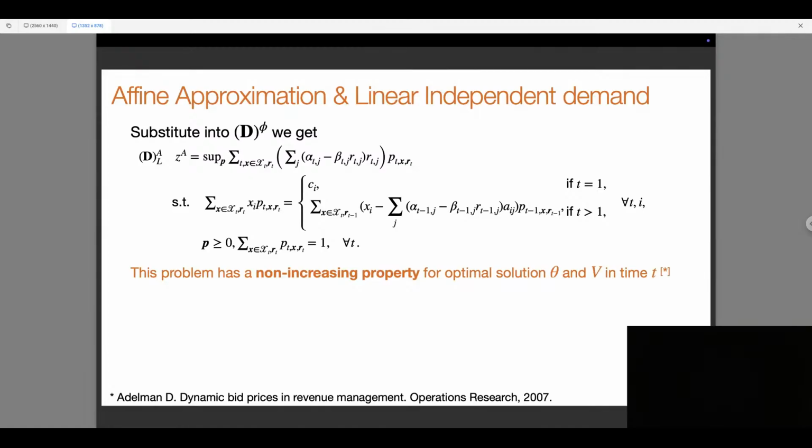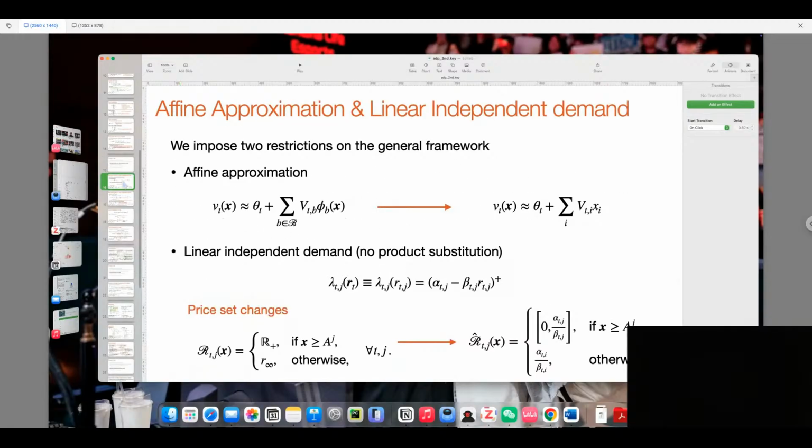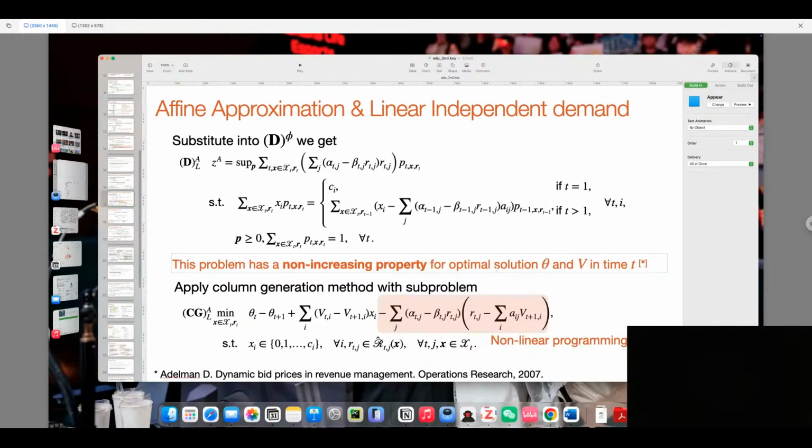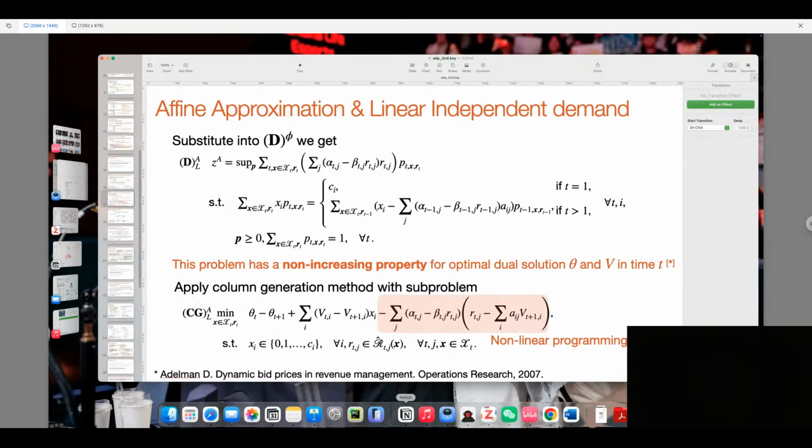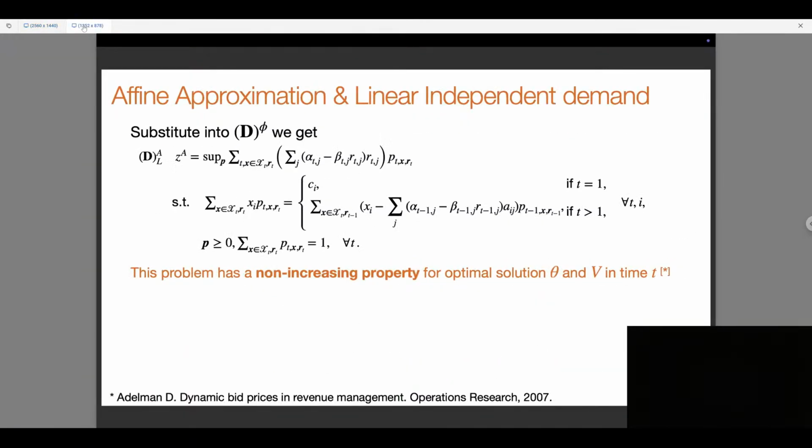The primal problem has this problem, and it has a non-increasing property for the optimal dual solution theta and v in time t, which comes from the reference paper.